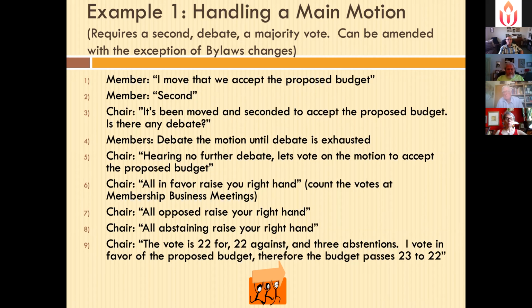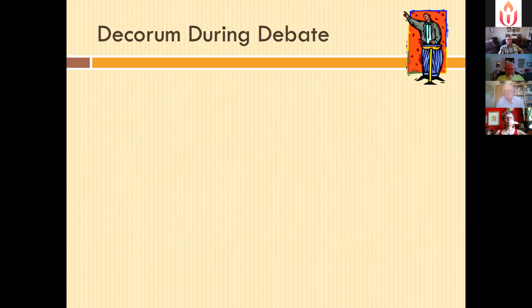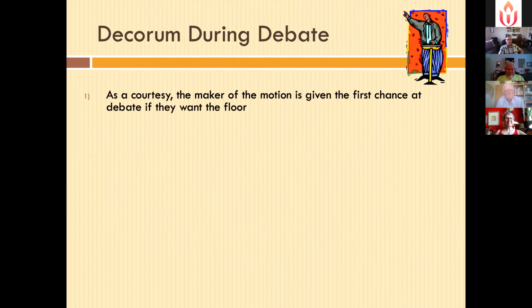There we go. Now, debate. Decorum during debate. I put this in. This is so important, and working with my college students, we really emphasize quality debate: making your point, giving your position, and giving whatever pertinent facts or information you need.